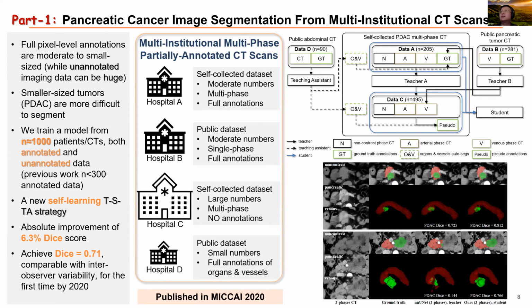I basically show you a lot of pictures. So this is actually the first work, which we submitted last March. It was published last year in MICCAI. I think this is the first multi-institutional work about solving the segmentation of PDAC. PDAC is 85% to 90% of pancreatic cancer, the most deadly one.